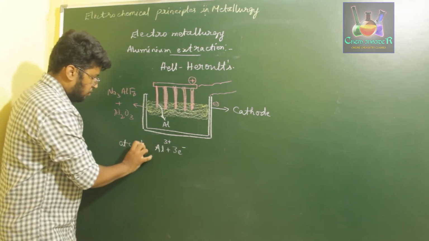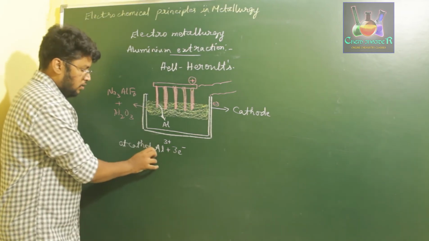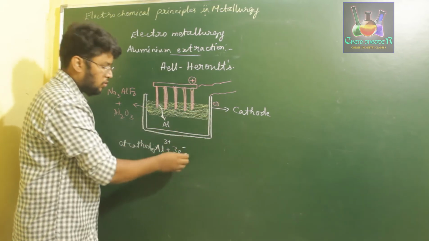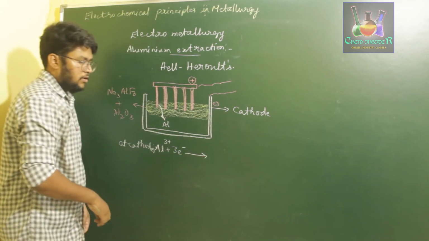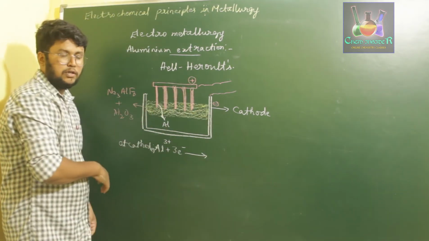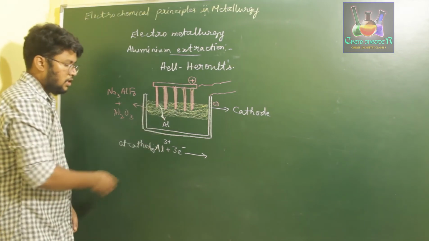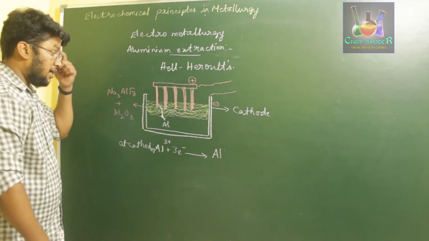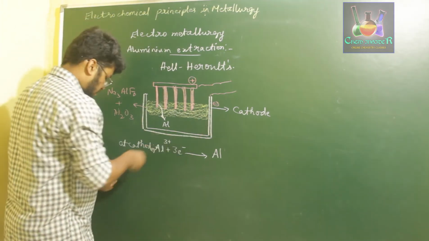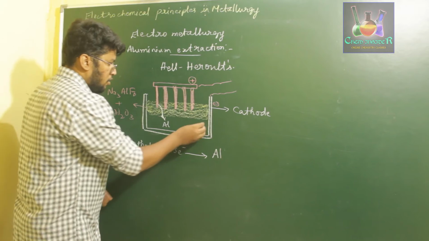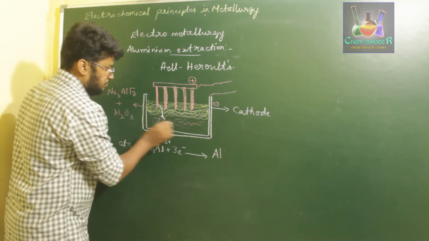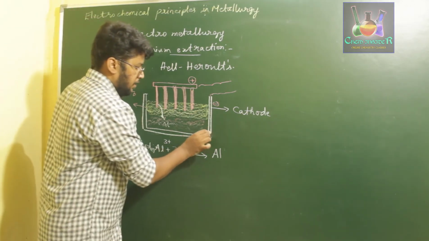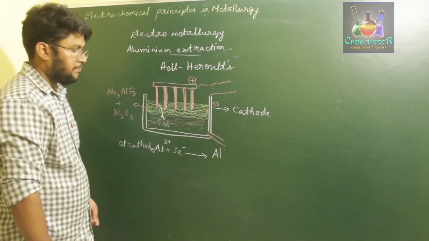So the reaction at the cathode is that Al3+ reacts with 3 electrons and gets reduced to aluminium. That leaves us molten aluminium at the bottom, which can later be separated out using our extraction point.